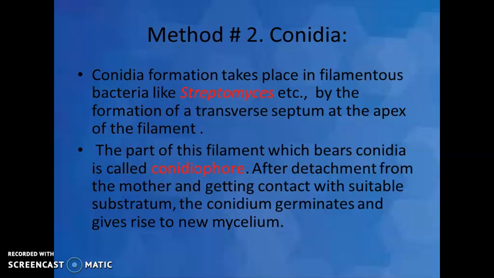The part of this filament which bears conidia is called the conidiophore. After the detachment of the conidia from the mother cell and contact with a suitable substratum, the conidium germinates and gives rise to a new mycelium.